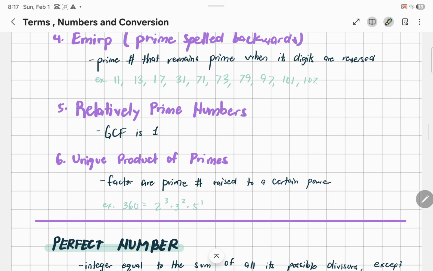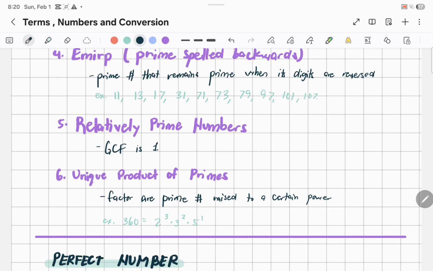Next, relatively prime numbers. The GCF, or greatest common factor, is just 1. So these are integers that share no common factors other than 1. For example, we have 9 and 10.